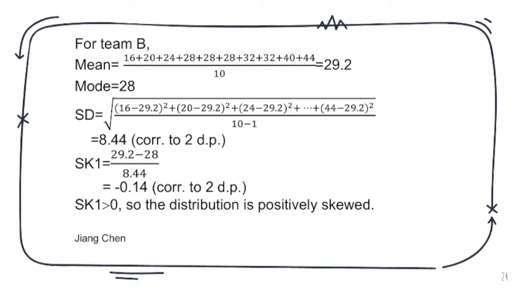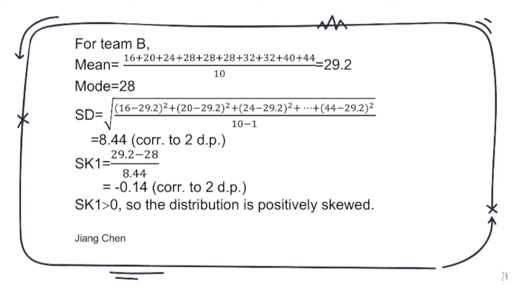Team B is the same. First, we calculate the mean: 16 plus 20 plus up to 44, divided by 10, is equal to 29.2, and the mode is 28.